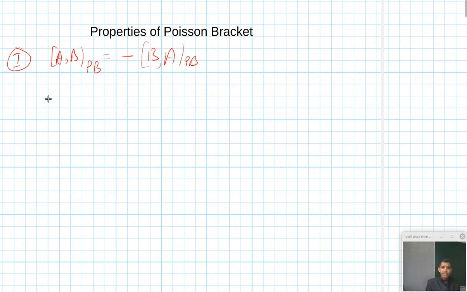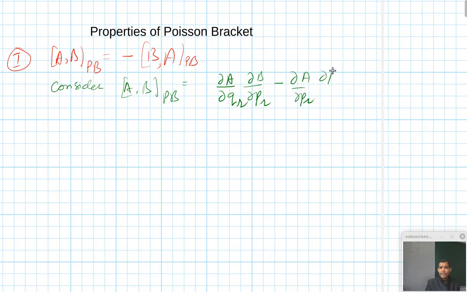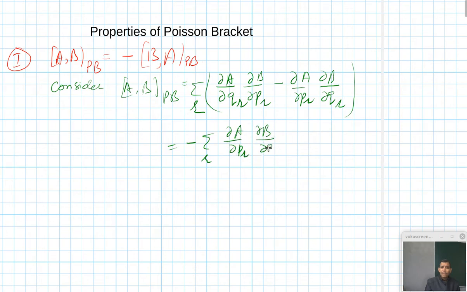Let us try to prove it. Consider the Poisson bracket of A and B, which can be written as summation over r of ∂A/∂Qr ∂B/∂Pr minus ∂A/∂Pr ∂B/∂Qr.